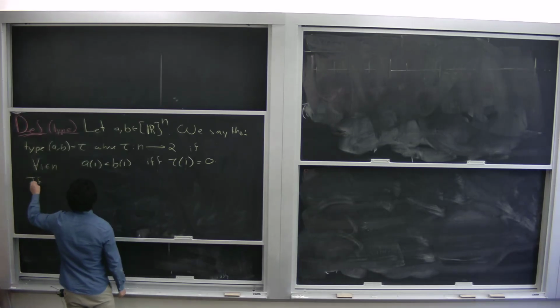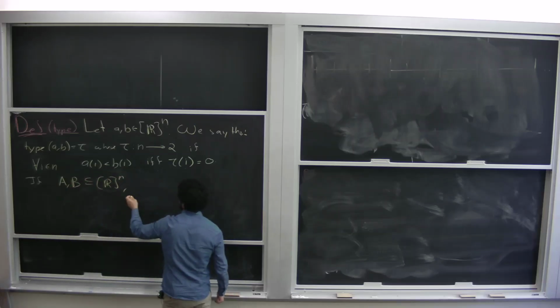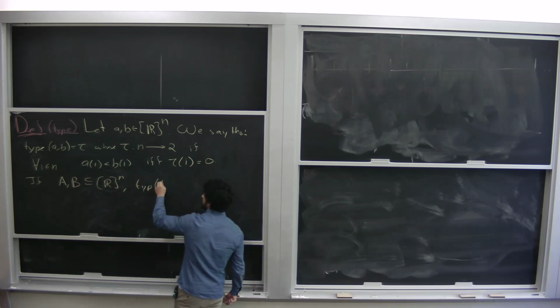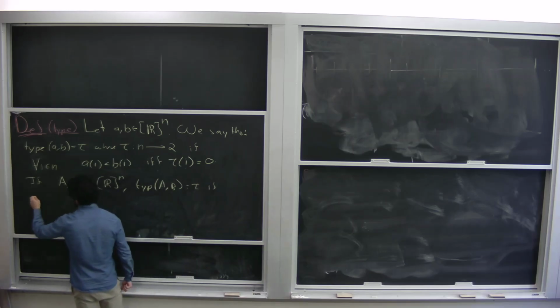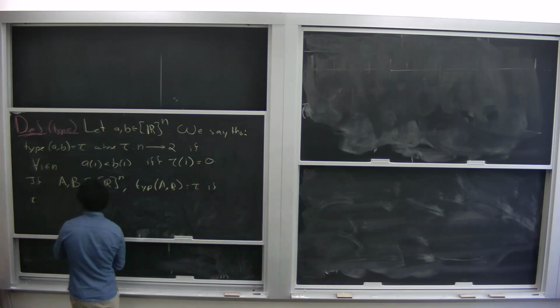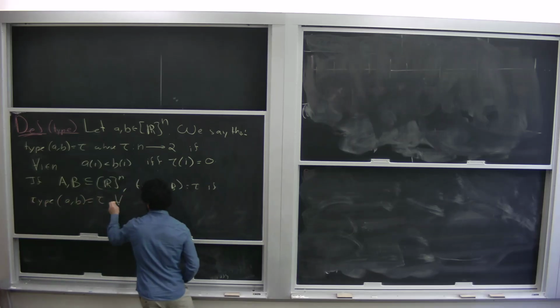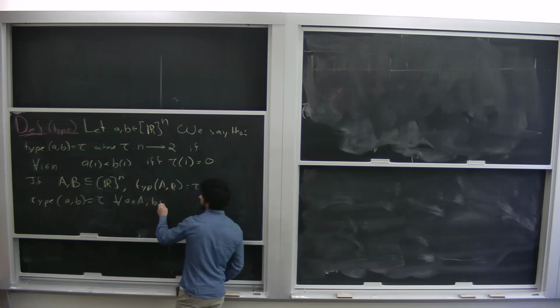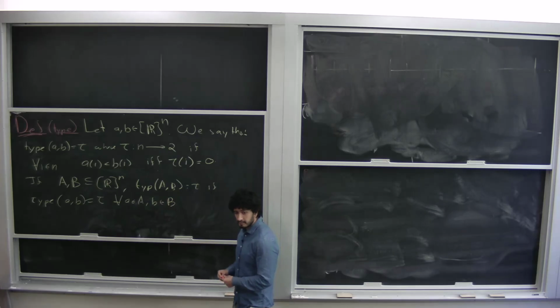Analogously, if A and B are subsets of R to the n, then the type of A, B is tau if and only if the type of all of its pairs is tau, for each a in A and b in B. So the first thing, this really is like some kind of monotheoretic type, even though you're only recording things about A_i and B_i together, transitivity tells you all of the other relations.